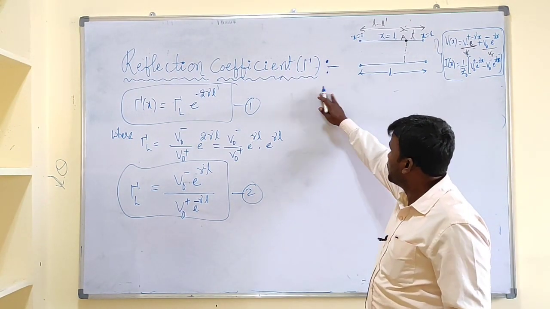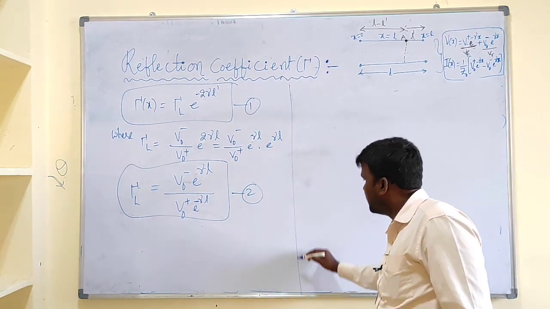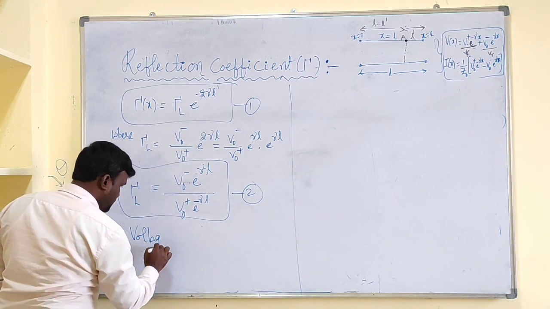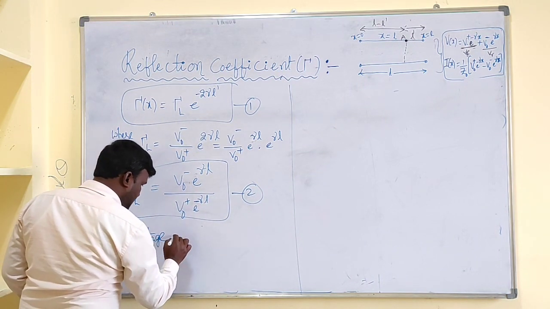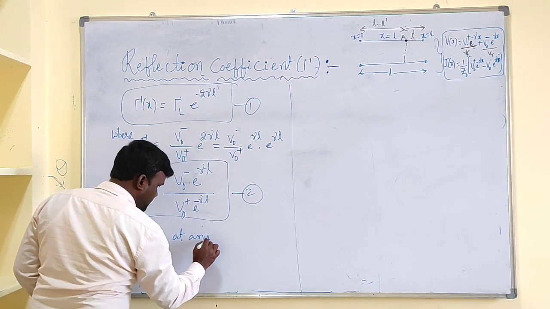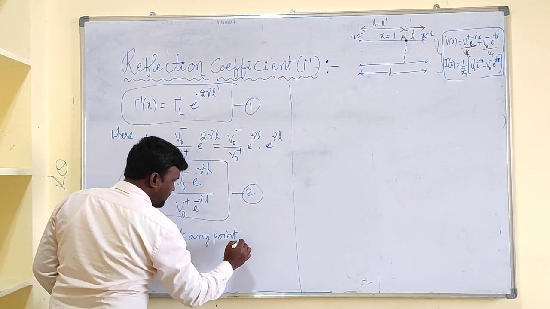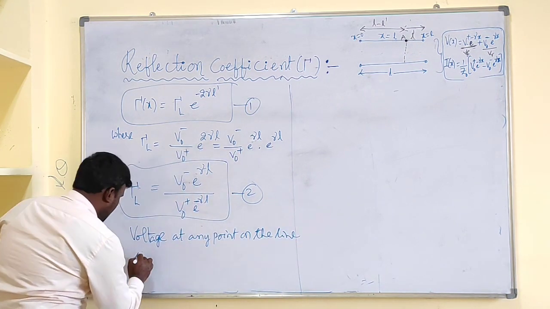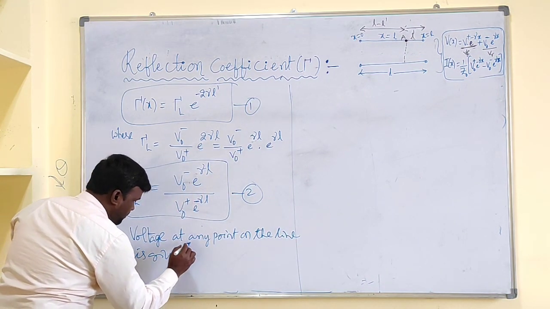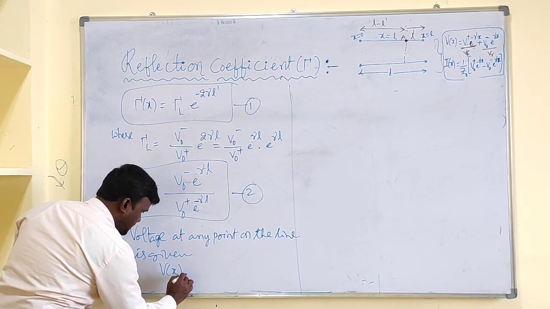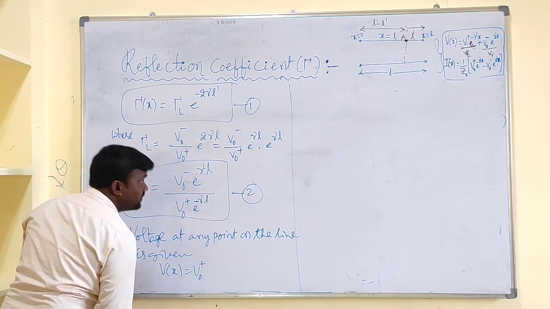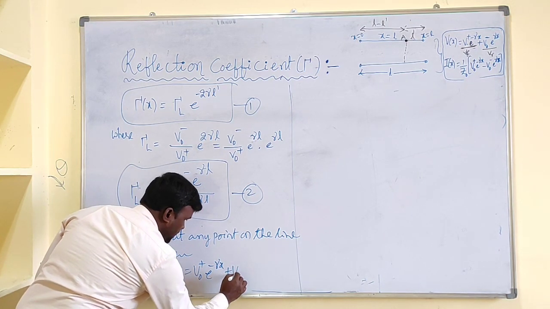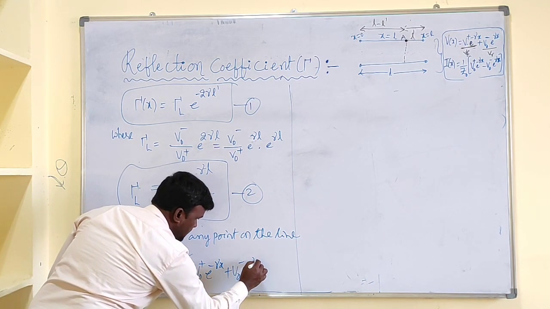Voltage at any point on the transmission line is given by the voltage equation, that is V of x equal to V naught plus e to the power minus gamma x plus V naught minus e to the power gamma x.